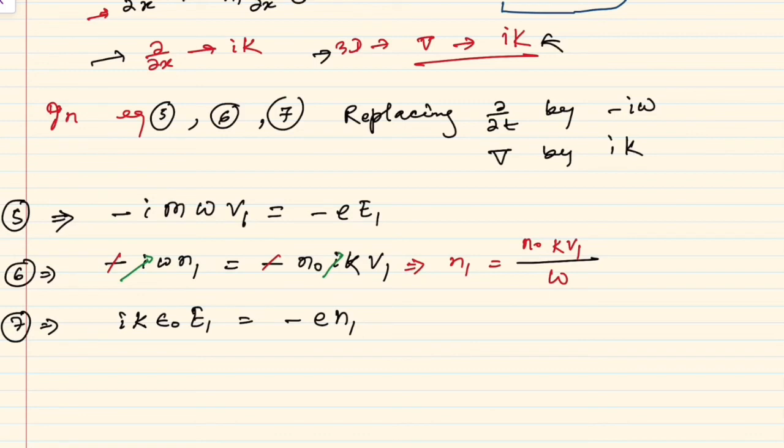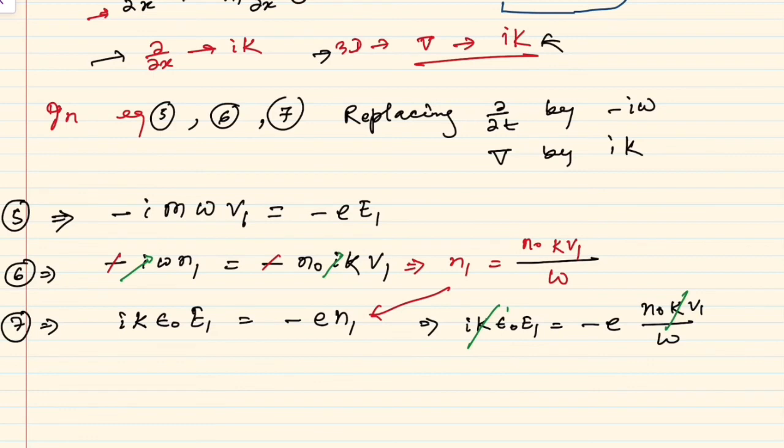Now if we use this value of n1 in this equation, then it implies ik ε0 E1 is equal to minus e n0 k v1 by ω. So here you see this k cancels down.